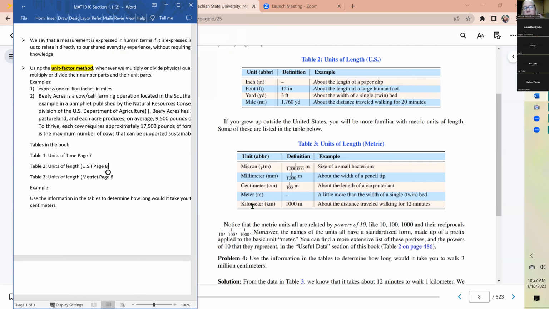If we went to meters and then to kilometers, we know that 1 kilometer is about 12 minutes. And so 1,000 meters is about 12 minutes. So if we get to meters, then we can convert to time.